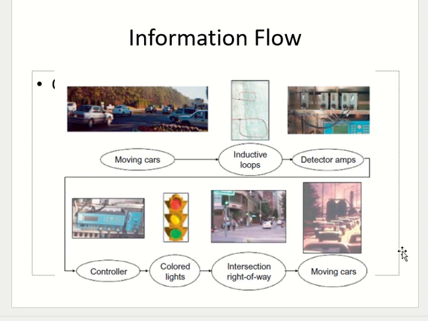So what do we have? We have sensors which are taking the information from the cars. Then we have the detector rack, which is taking that information and giving it to the controller. The controller decides the signal timing on the basis of that, which light will go on and so forth.